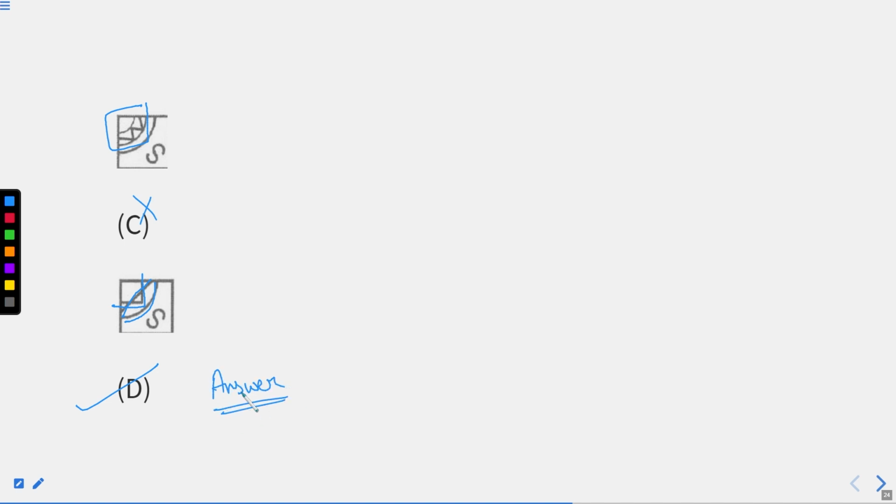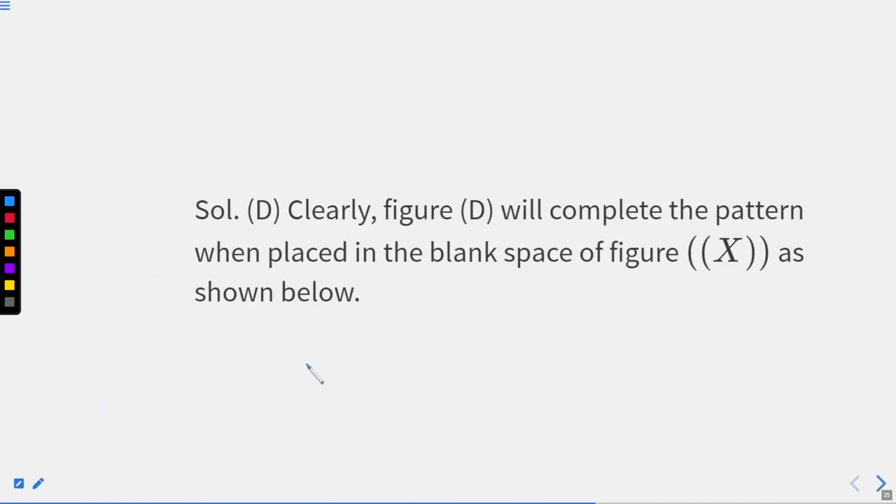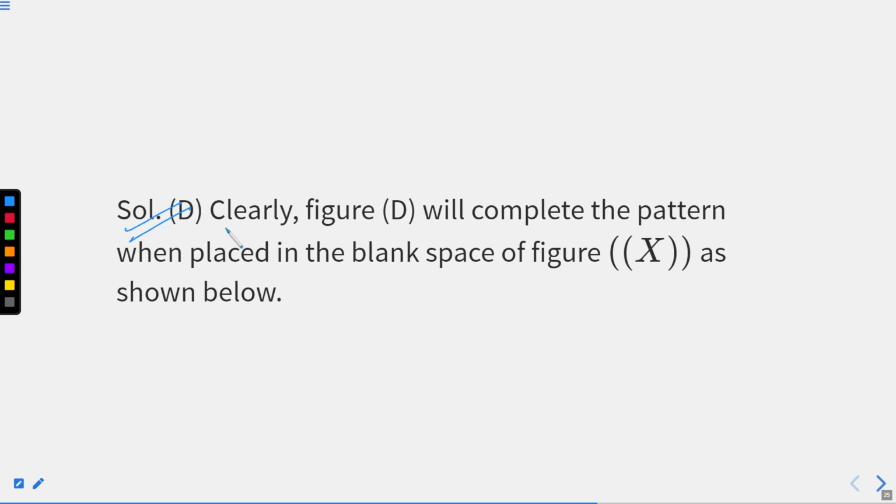I hope you are not facing any problem till this question, because I have explained all these things thoroughly till here. If you are still facing any problem, you can re-revise the concept that I have explained in the initial part of the video and follow the same throughout, right? Now you can see that option D is a clear figure that will complete the pattern when placed in the blank space of figure X as shown below.